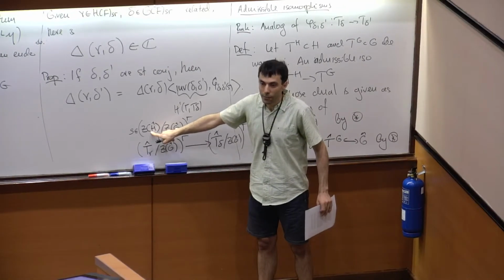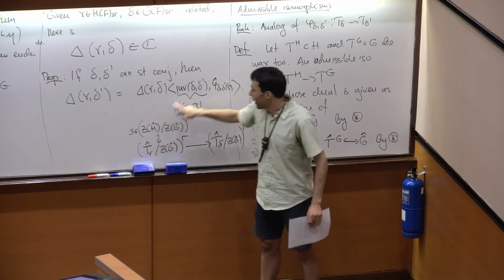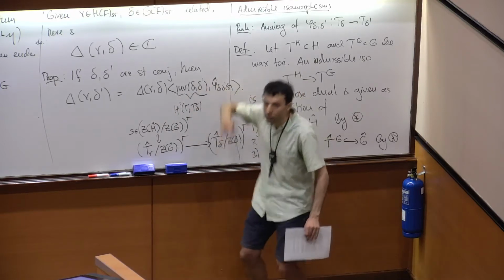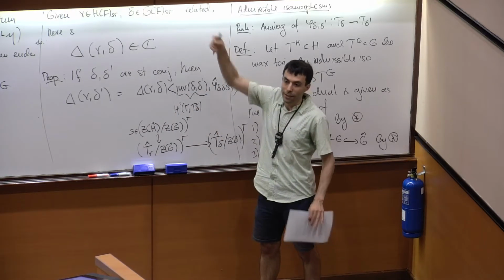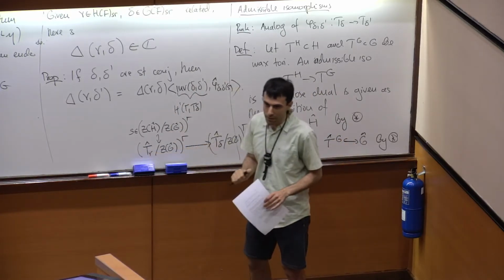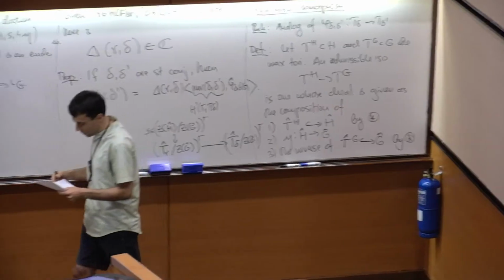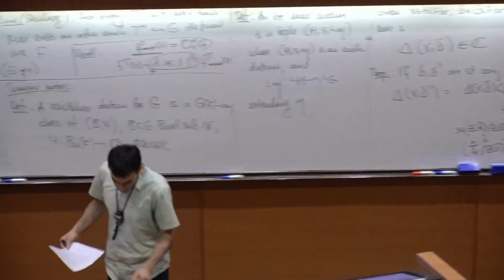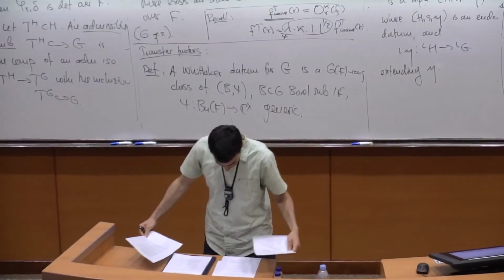But the reason the lift doesn't matter is because the element we're trying to pair itself lifts to the simply connected cover. It's a little bit of a tricky thing, but it works itself out. Okay, so this is all I wanted to say about transfer factors, unfortunately.